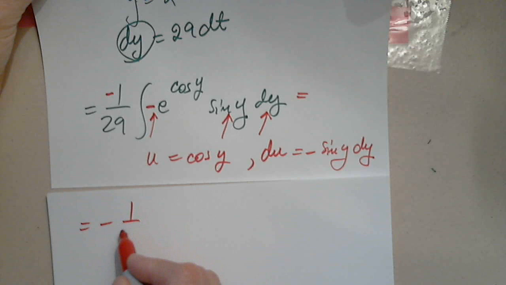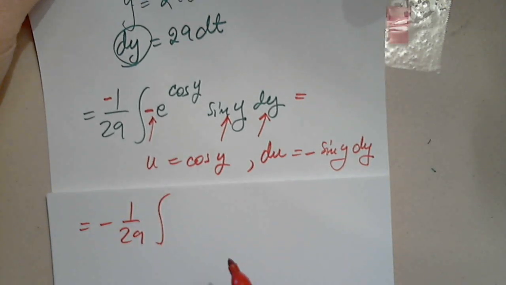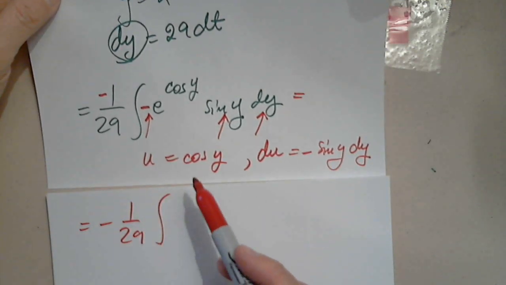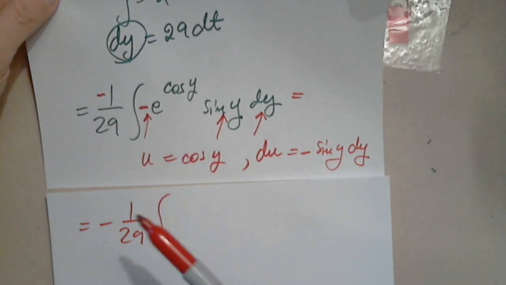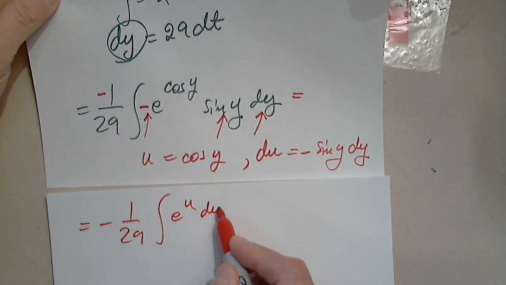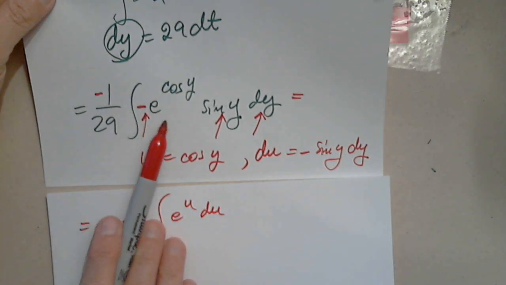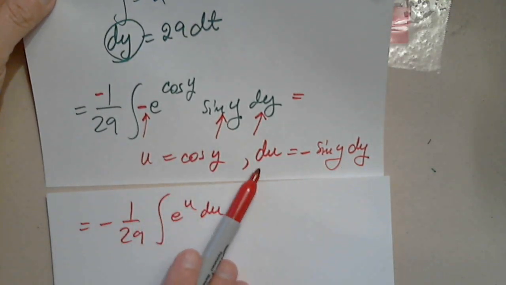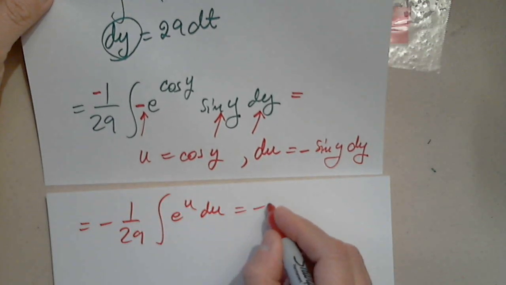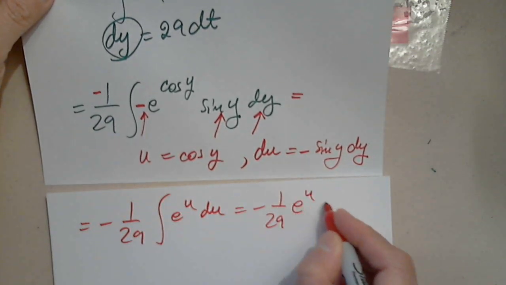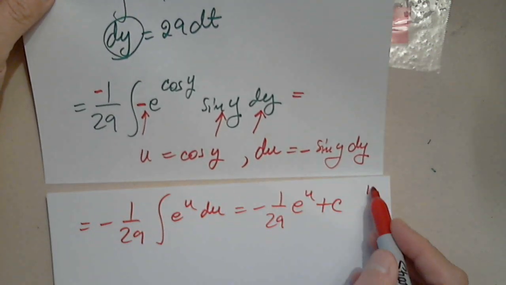So this is -1 over 29, the integral of e to u du. This is e to u. The negative and the sine and the dy make up the du. And this cannot be easier. It's just e to u plus a constant c.